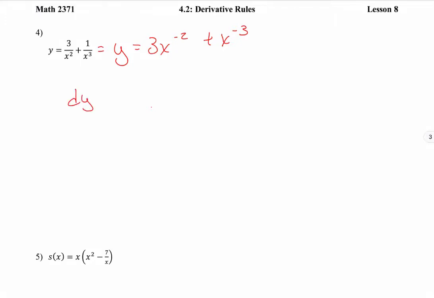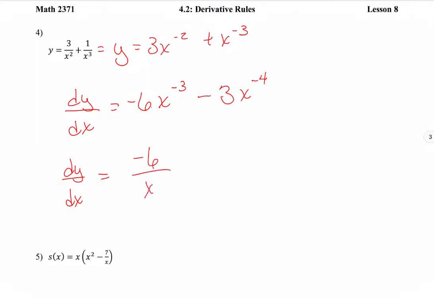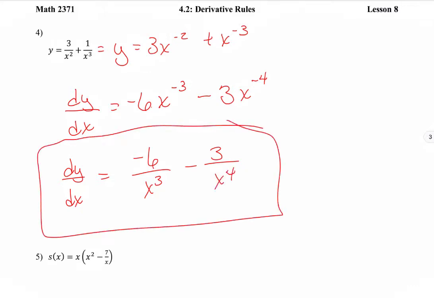So dy dx equals 3 times negative 2 is negative 6x to the negative 3, because minus 2 minus 1 is negative 3, minus 3x to the negative 4, minus 3 minus 1 is negative 4. So dy dx equals negative 6 over x cubed minus 3 over x to the 4th. All right?